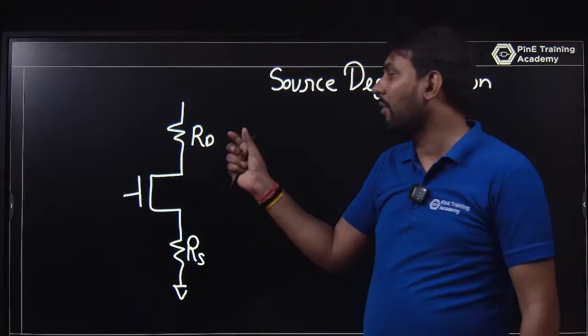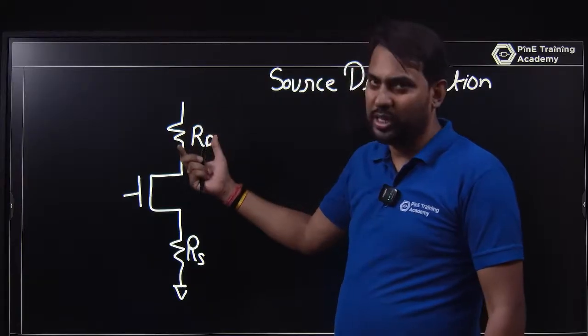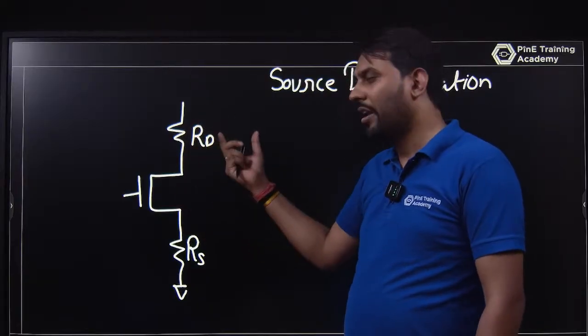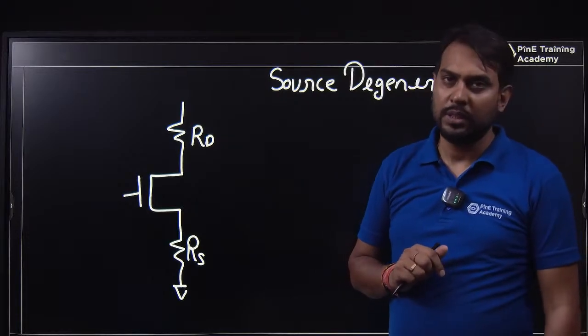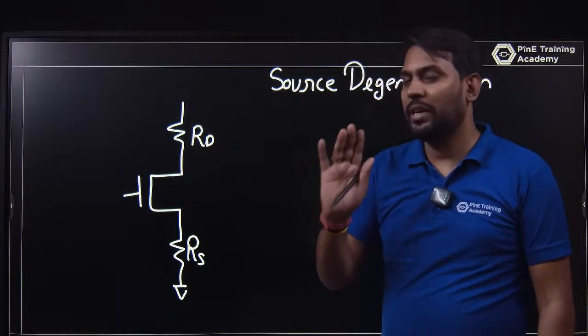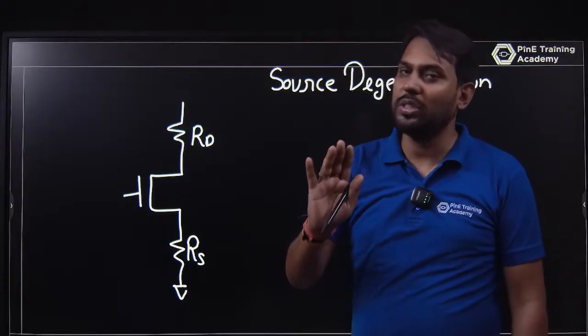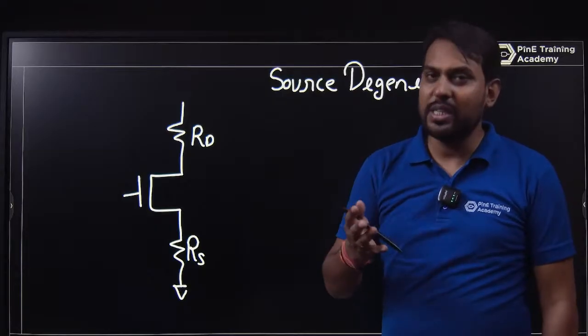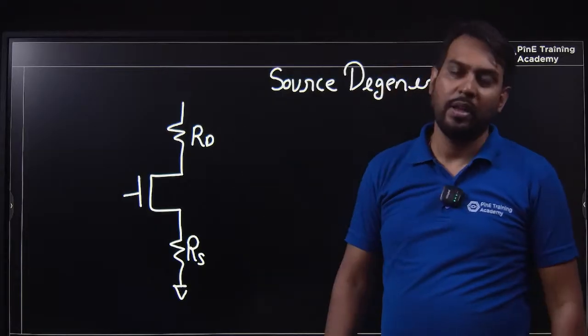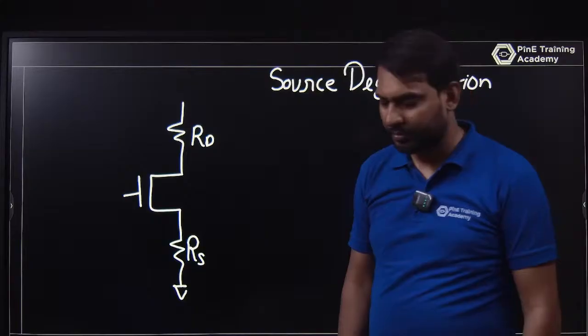Just think that the value of RD is 1 by GM2 or R02 or RD. Always remember that the gain of the common source amplifier is minus GM times RD parallel R0. What is the RD value? You will find it with a different case.